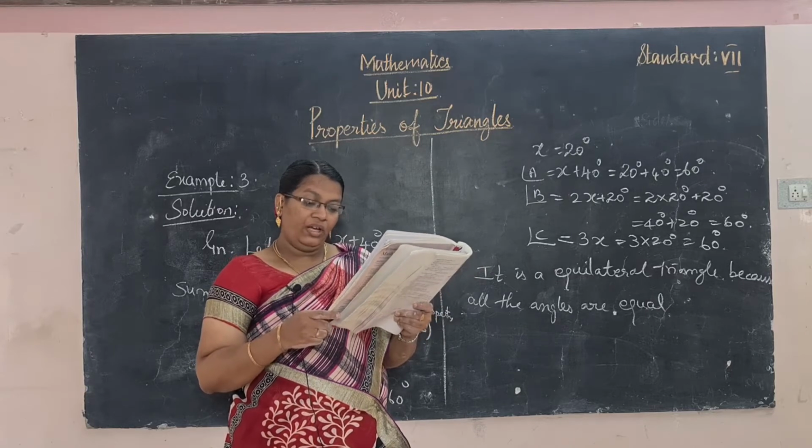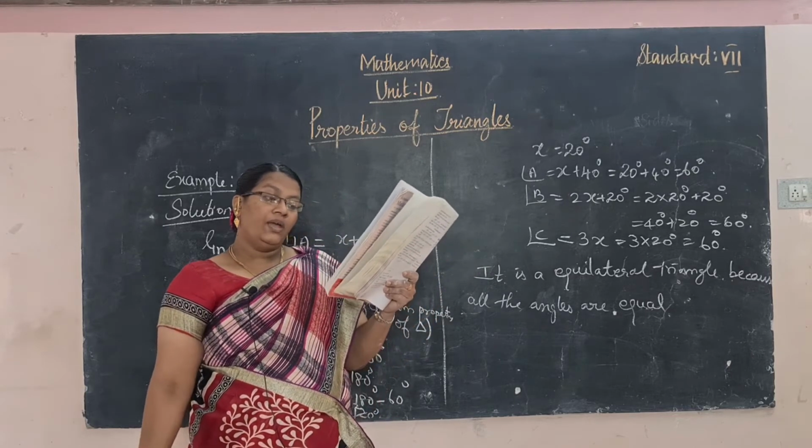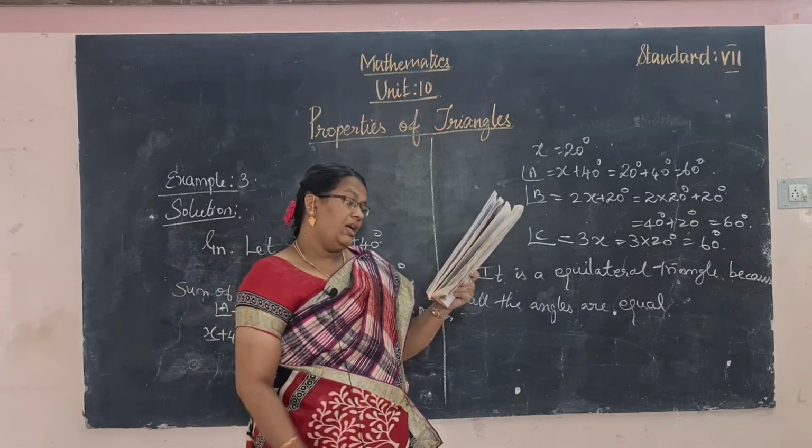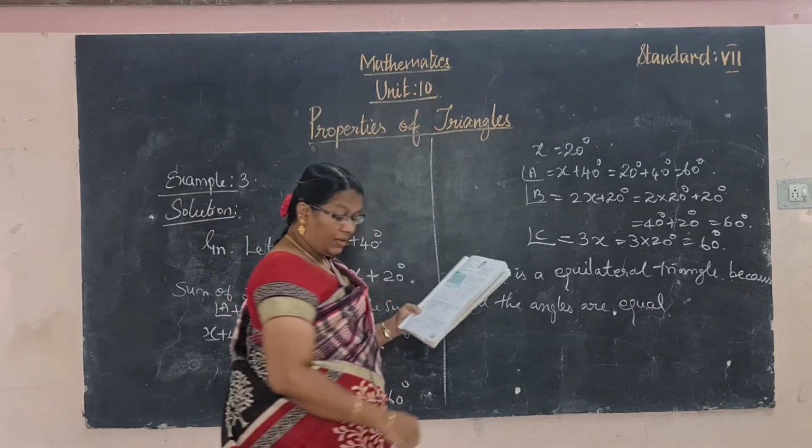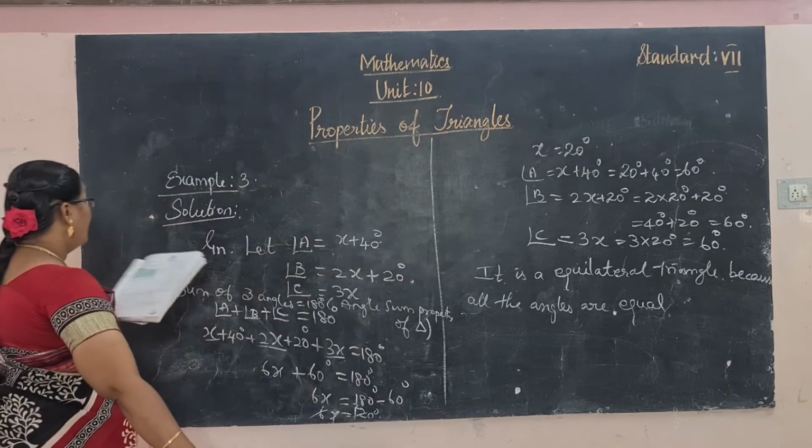Fourth one. In a figure, find the exterior angle PRS. One diagram is given. Example 4.